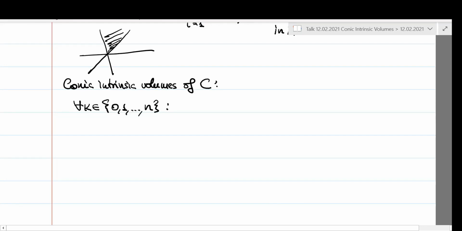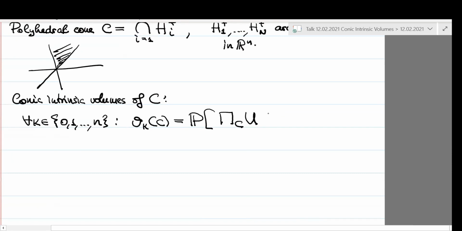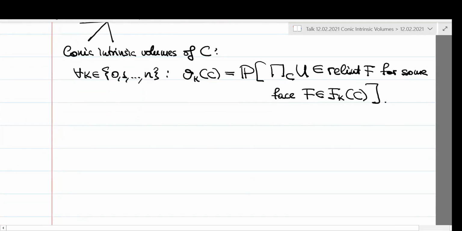n is the dimension of the space in which we are living, and the kth conic intrinsic volume of C is the probability that a projection on C of a uniformly distributed random vector on a sphere belongs to the relative interior of some face f of dimension k of C. So more concretely, this means the following.